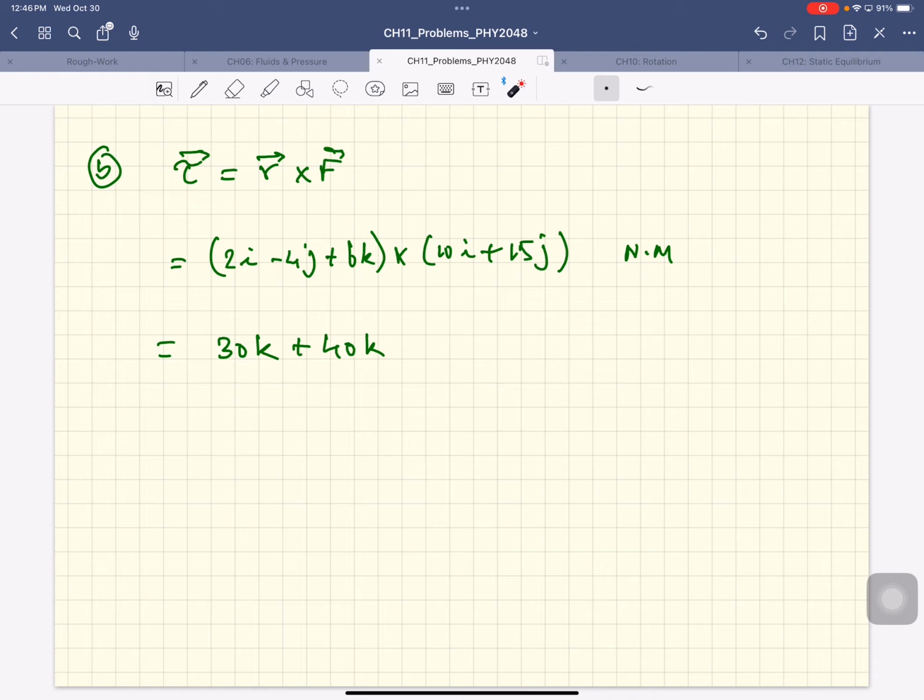So you want to be able to notice stuff like this. So we already got two terms in z, and you won't have any non-z terms. So we did that. i cross i was 0, i cross j was k, j cross j was 0.